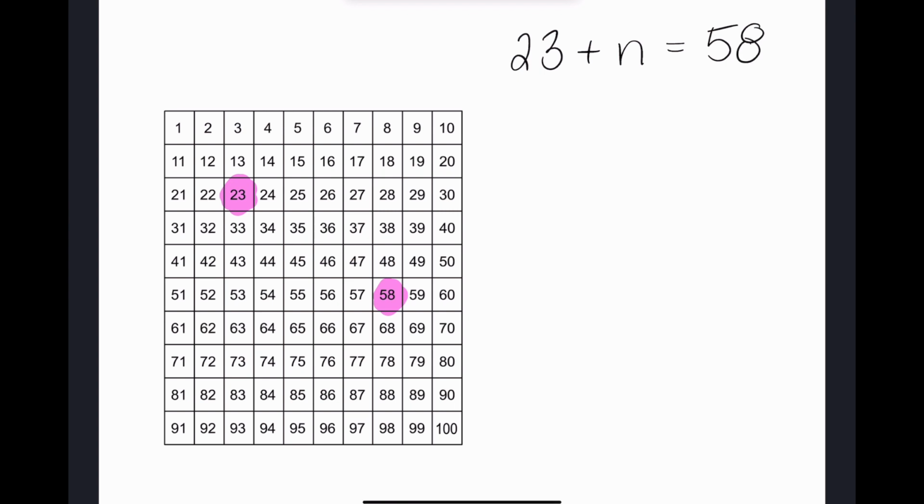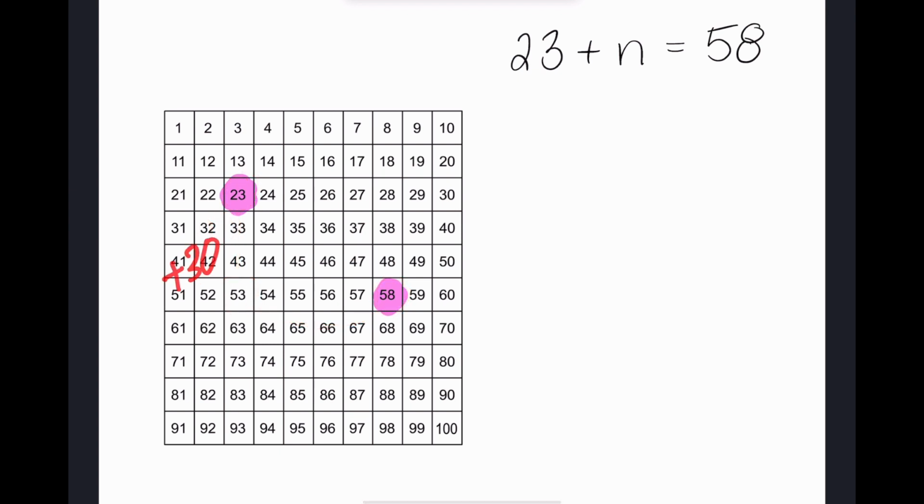And what some kids will do, they'll find all these different strategies to get there. What I noticed in a video is I can see some kids deciding they're going to add tens and then add ones. So they're going to go from 23 down to 53, so they're going to add 30 and then go from 53 to 58 by adding another 5.